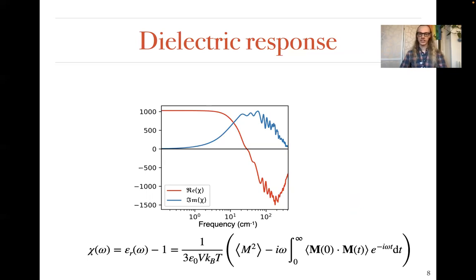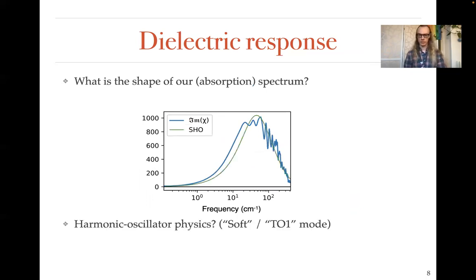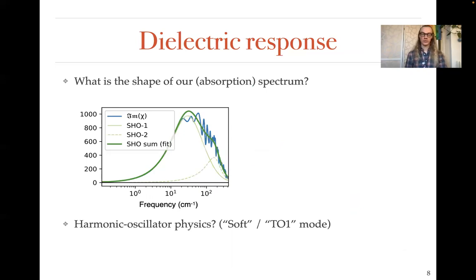So you see, especially this resonance peak in the imaginary part of the spectrum, right? And so if we fit this to a simple harmonic oscillator response function, we get sort of okay agreement, but in fact, we get the best agreement if we fit it to two harmonic oscillators, right?